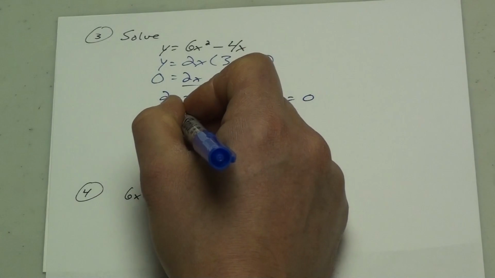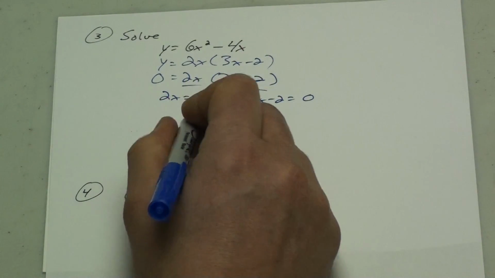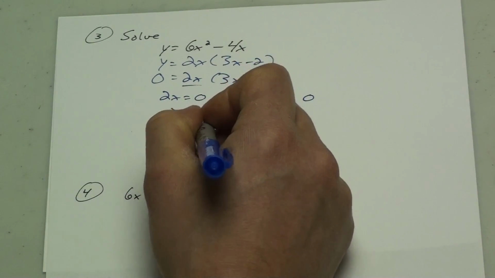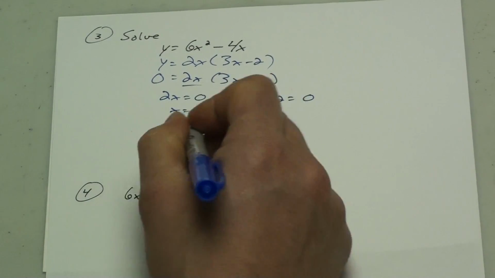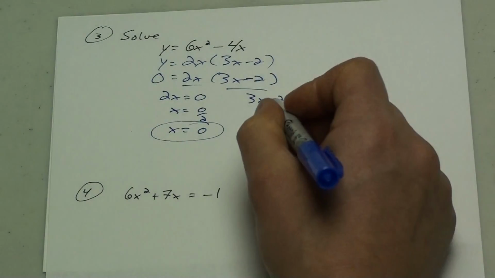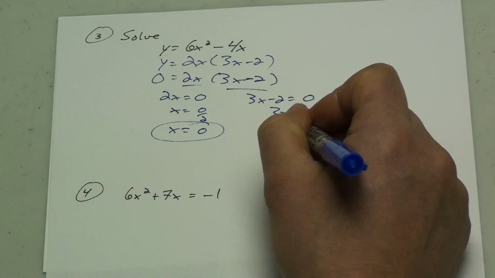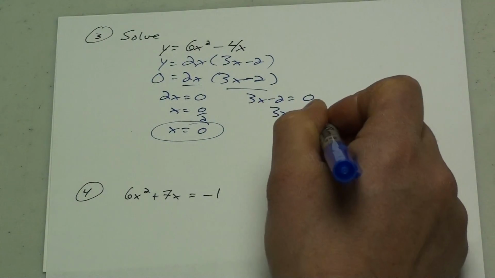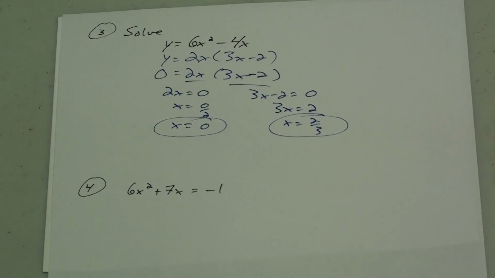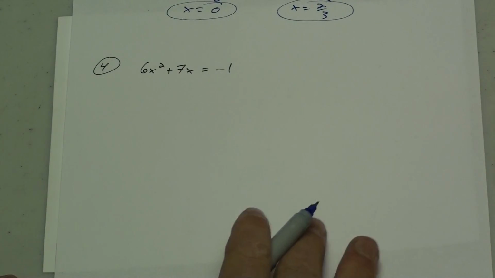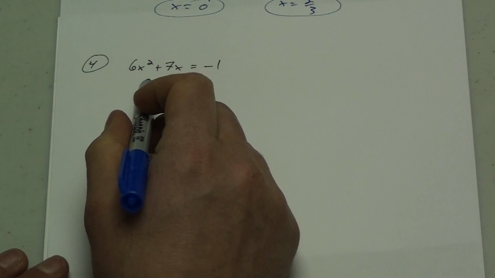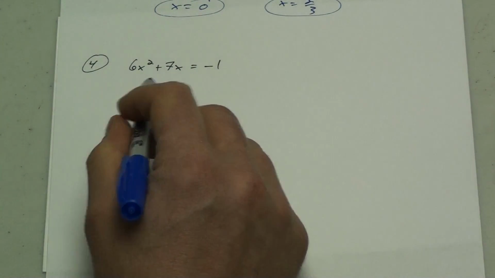And now solve each equation. So I'm going to divide both sides by 2. 0 divided by 2, still 0. There's one x-intercept. I'm going to add 2 to both sides. Divide both sides by 3. There's my other x-intercept.